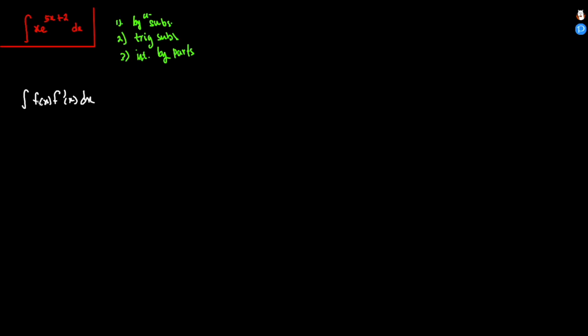I don't see that here. For example, if we let u equals 5x plus 2, then du equals 5 dx. But we have this x out here.